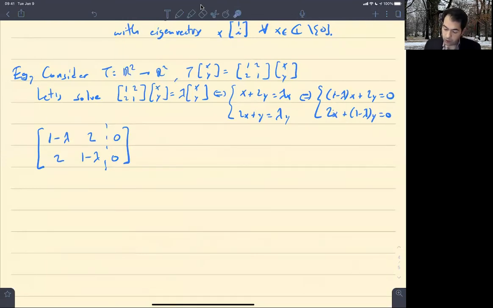So we start with the first row, and we want the first non-zero entry of this row to be 1. Now, I don't know at the moment whether or not that entry is non-zero, because I haven't figured out what lambda is. Lambda might be equal to 1, in which case that's 0. Or lambda might not be equal to 1, in which case it's non-zero.